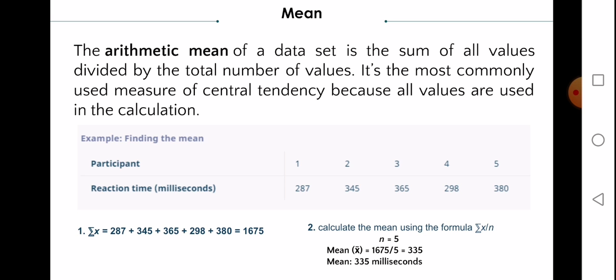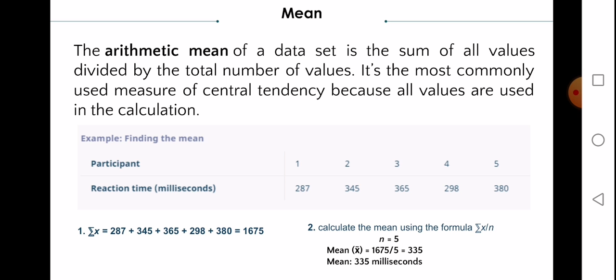The mean is the arithmetic average and it is probably the measure of central tendency that you are most familiar with. Calculating the mean is very simple. You just add up all of the values and divide by the number of observations in your dataset.